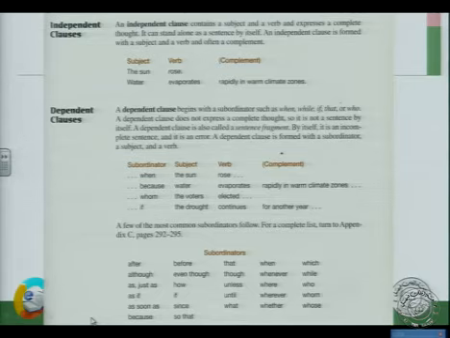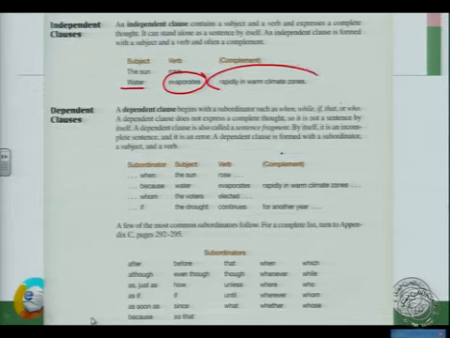Notice this: The sun rose. The sun rose has only a subject and a verb. But water evaporates rapidly in warm climate zones. Where is the verb? Evaporates. This is the subject, and this is the completion, whether a prepositional phrase, an adverbial, or otherwise.